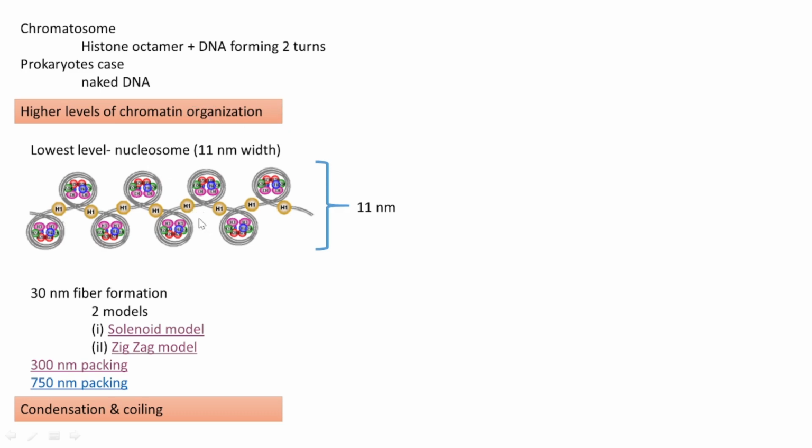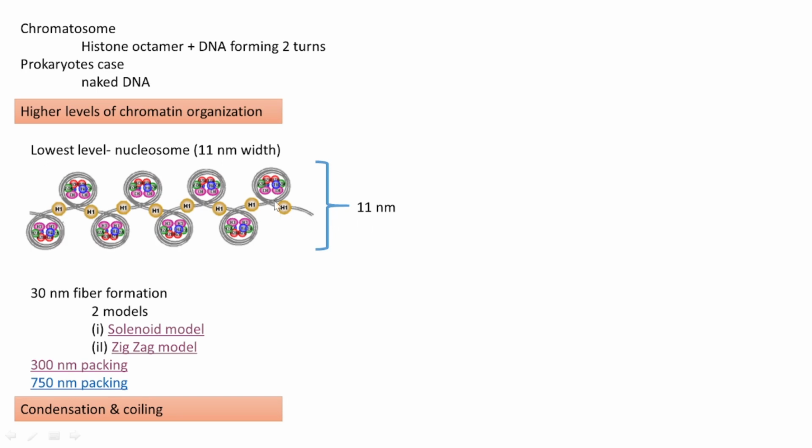In this picture, we can see the nucleosome pattern of organization of the chromatin. As the chromatin is compacted or folded in the form of nucleosomes, its width is 11 nanometer if we view it from the dorsal side.